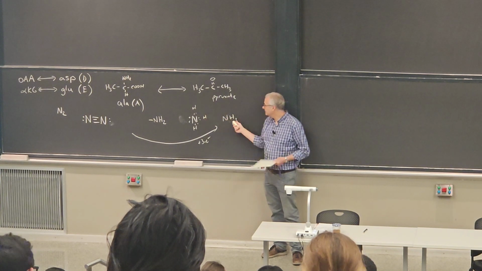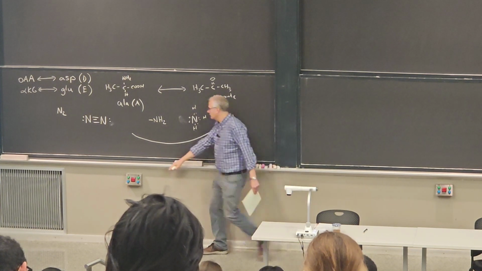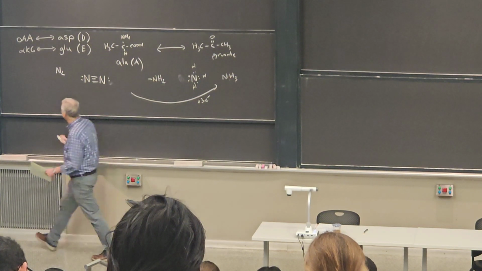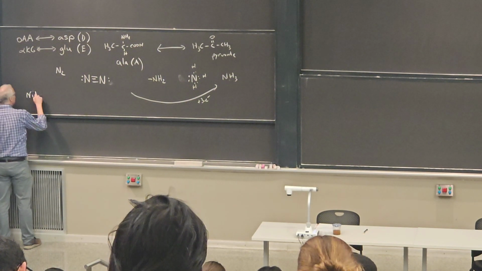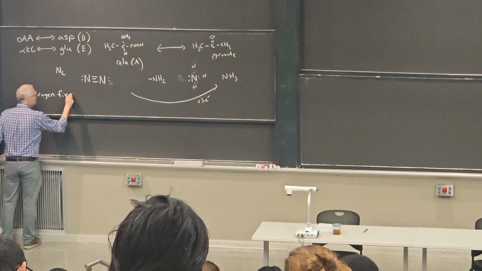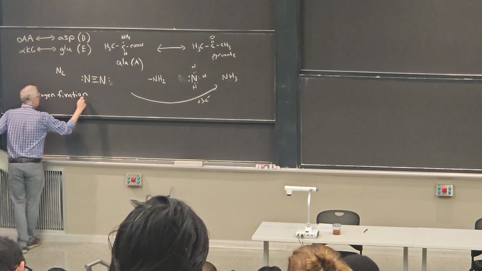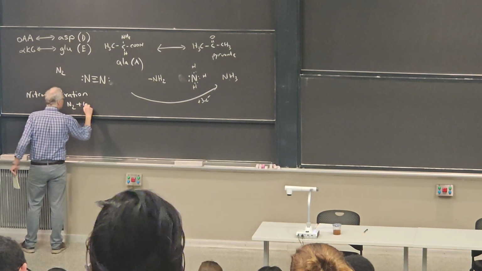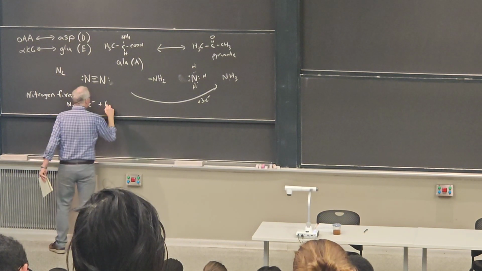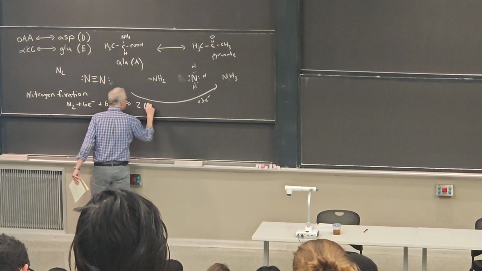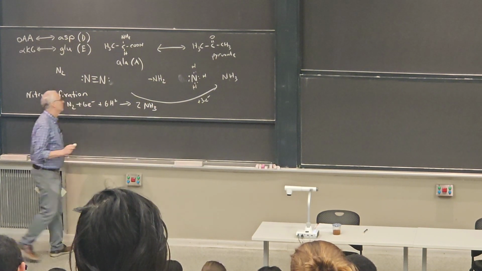So getting to this nitrogen reduction, okay, so-called nitrogen fixation, which is basically reducing N2 plus, balances for you, 6 electrons plus 6 protons going to 2 ammonia molecules.